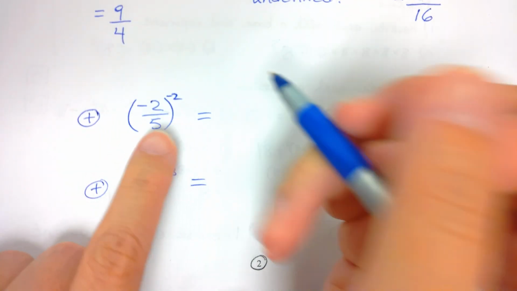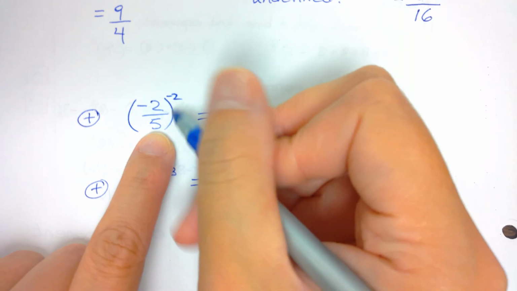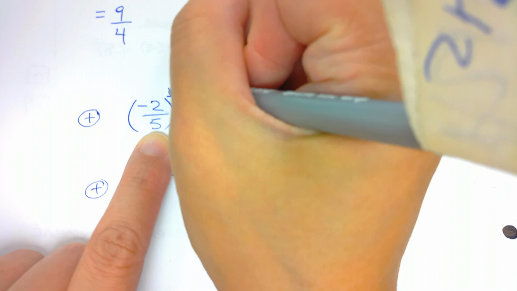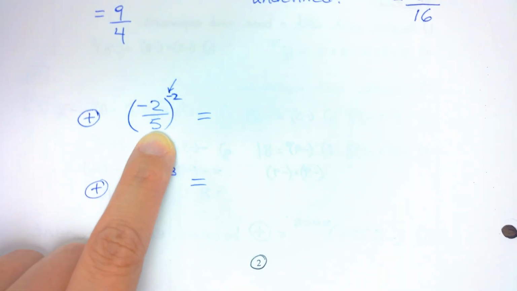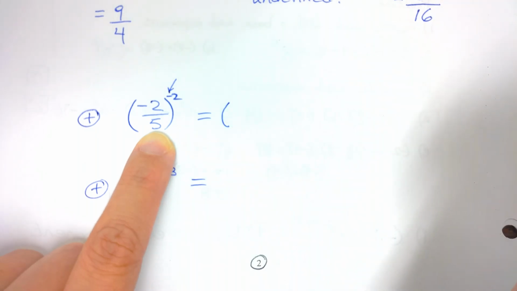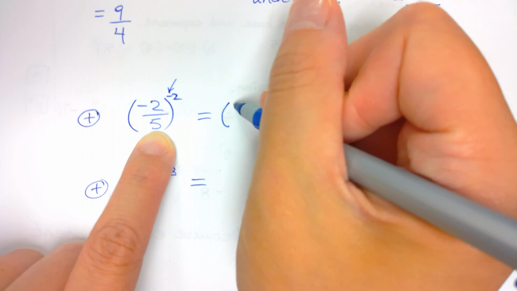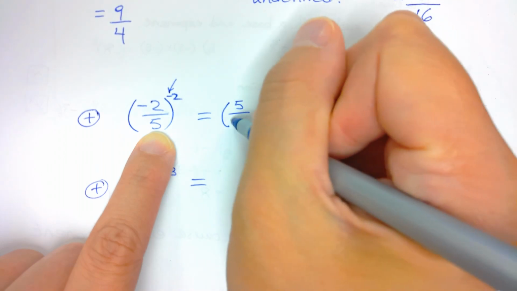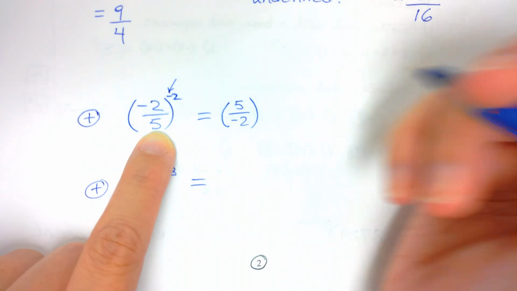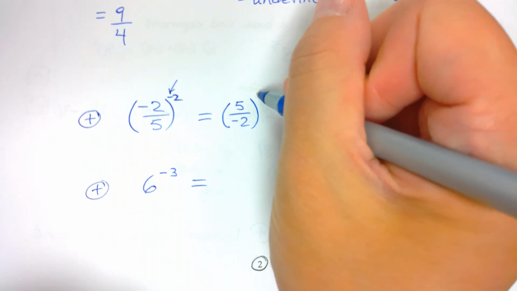Okay? So, let's work out the numbers now. My base is -2 over 5. Because of the negative exponent, it tells me to flip the base. So now what's my base? Let's see, somebody who has been quiet. Max. After I flip my base? 5 over -2. Perfect. And then, let's see, Franklin, what's my exponent now?